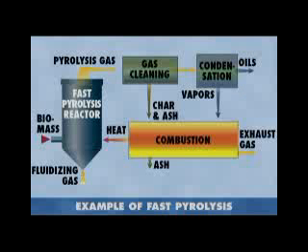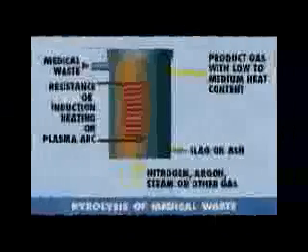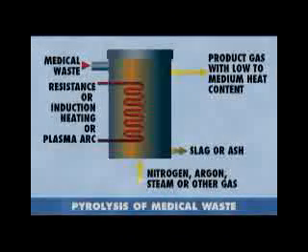There are different types of pyrolysis systems. Pyrolysis can take place at relatively low temperatures, about 750 or 900 degrees Fahrenheit, and for short times. This is called fast pyrolysis or flash pyrolysis, and it is used for biomass and other applications. For medical waste applications, higher temperatures are typically used, around 1,500, 2,000 degrees Fahrenheit or higher.